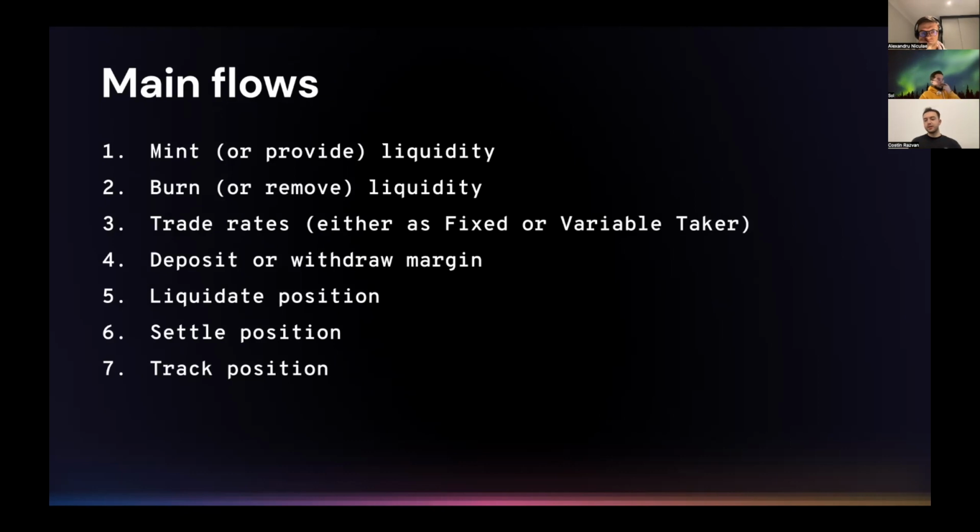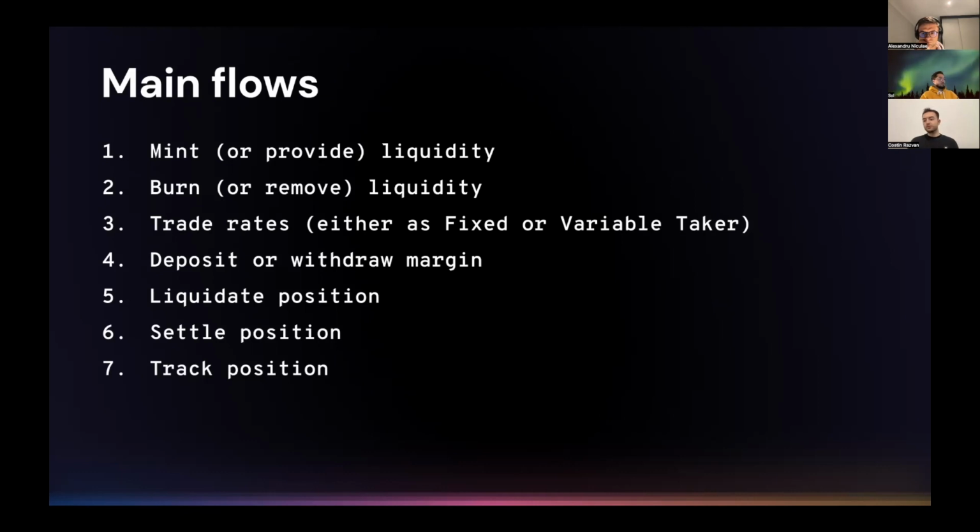And the seventh is when once you mint or trade, then what you end up with is a position that you might need to track in order to deposit margin, in order to withdraw more margin, so you can add it on the way.